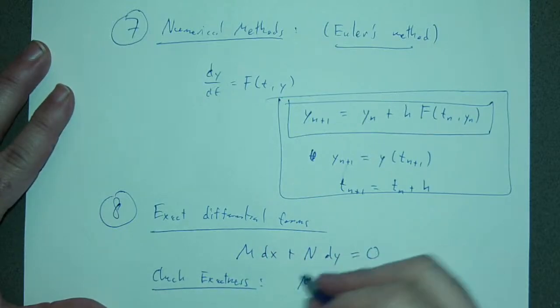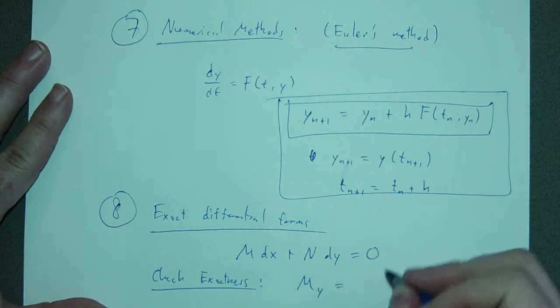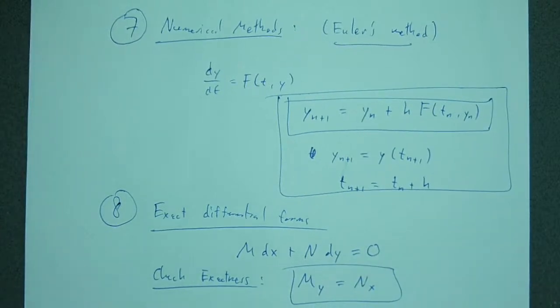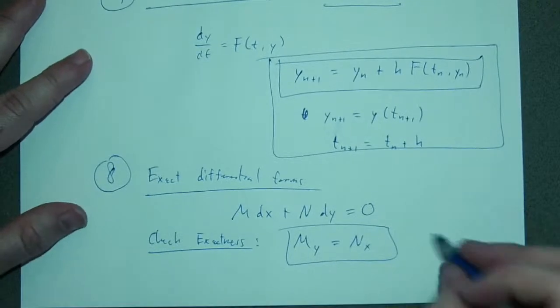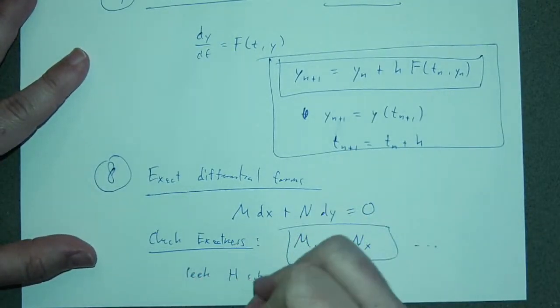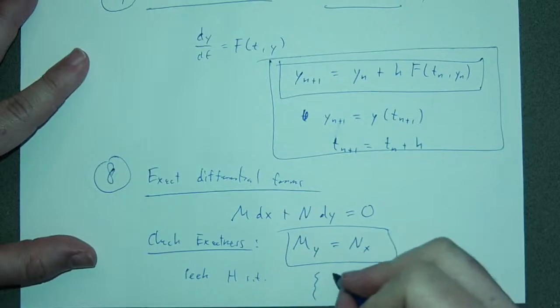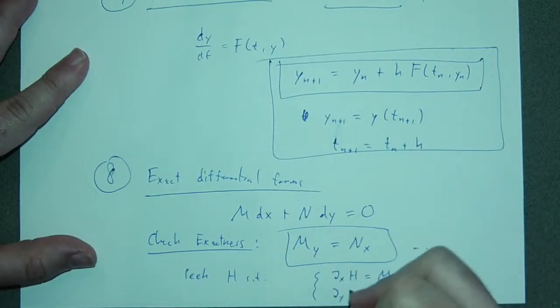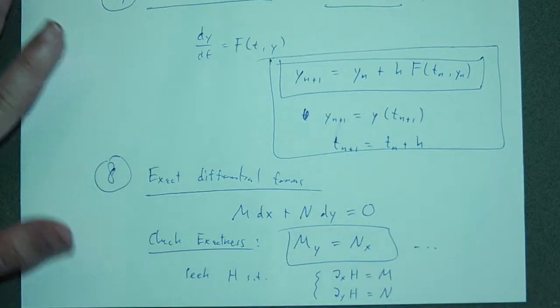Exactness says that the y partial of M must be equal to the x partial of N. If this is the case, you proceed. You seek h such that the x partial of h is equal to M and the y partial of h is equal to N.